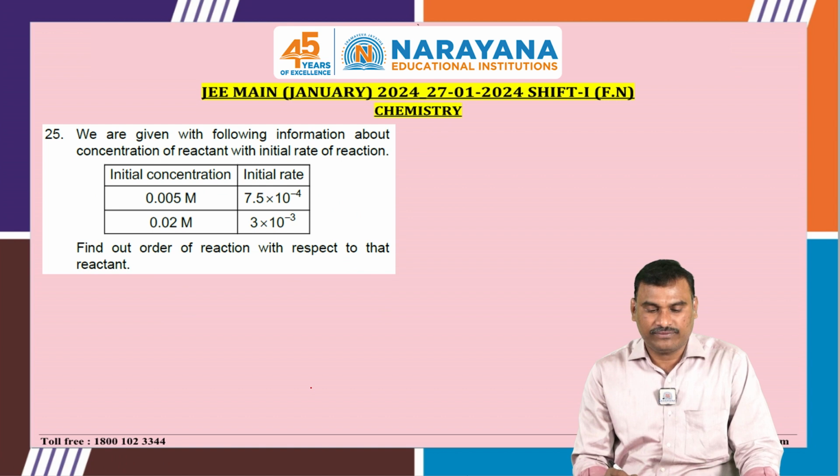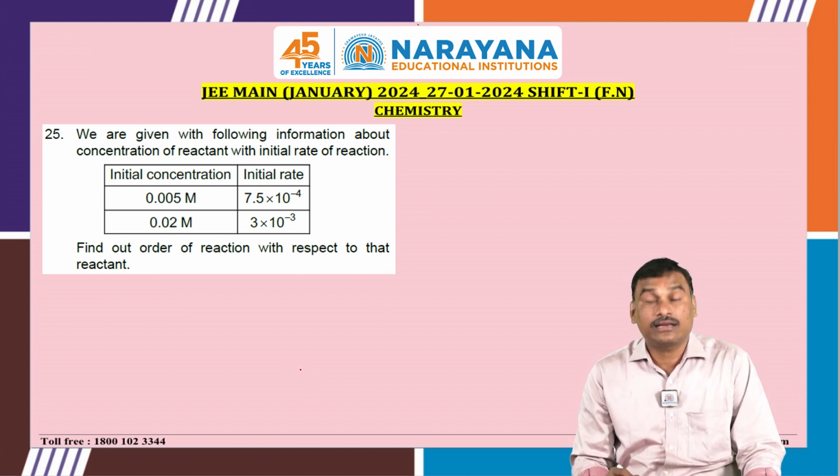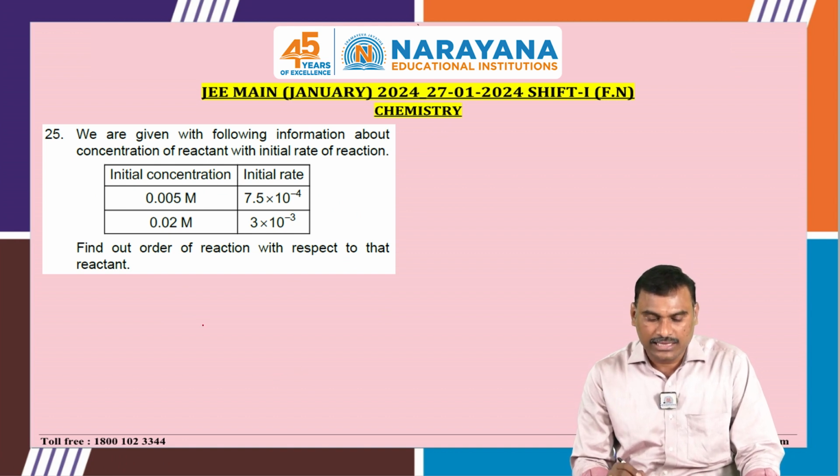Question 25: We are given the following information about the concentration of the reactant with initial rates. Find the order of the reaction with respect to the reactant.